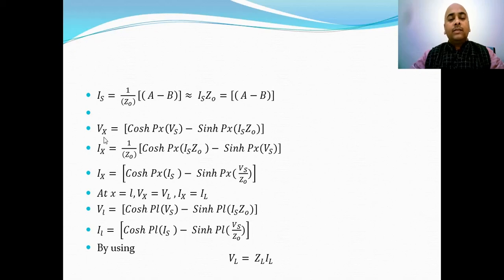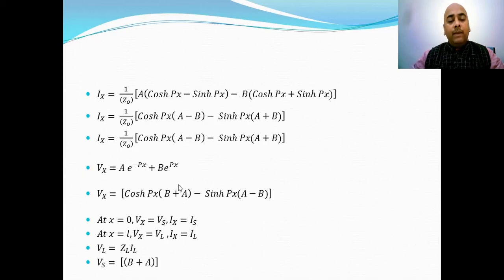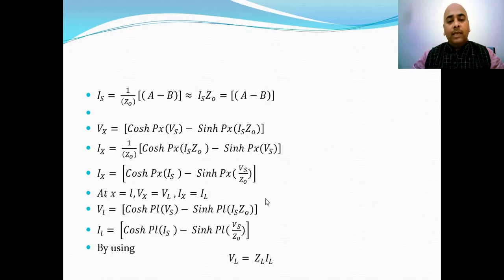So from these values of constants a and b, we obtain a general solution of Vx. Vx is equal to cos hyperbolic px into Vs, where a plus b is replaced by Vs and a minus b is replaced by Is into Z naught. So Vx is cos hyperbolic px into Vs minus sin hyperbolic px into Is into Z naught.